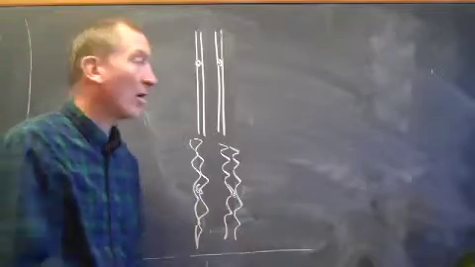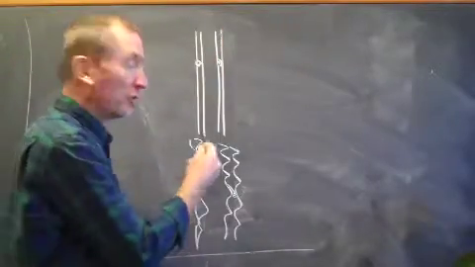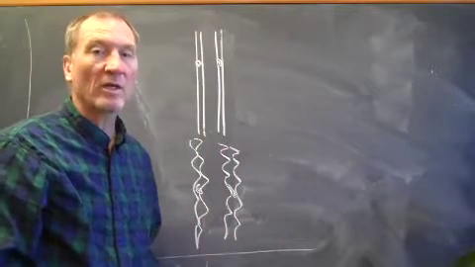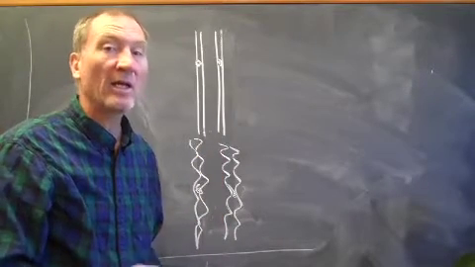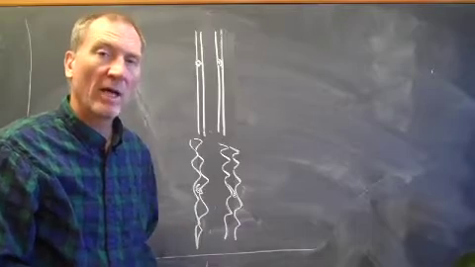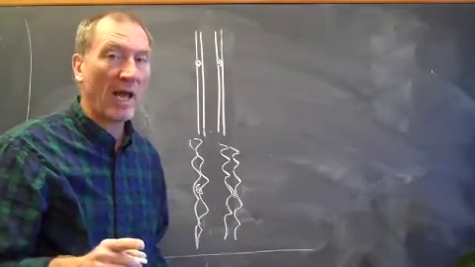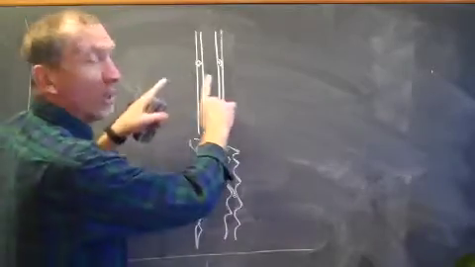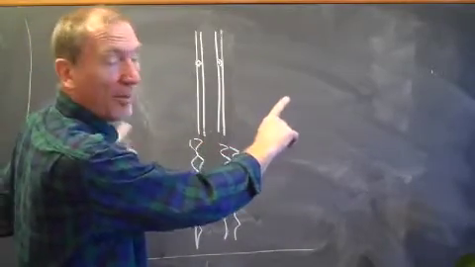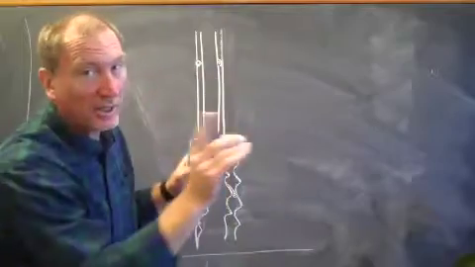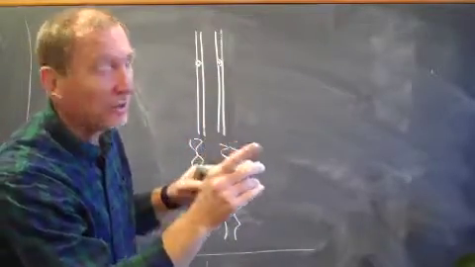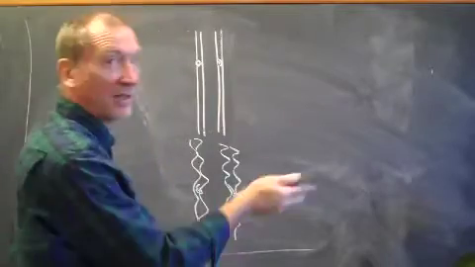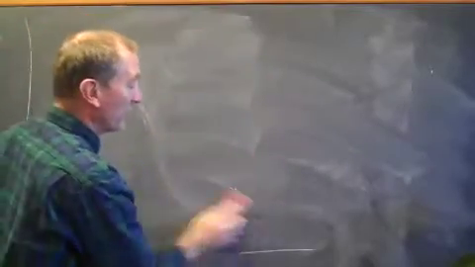So there are our two sets of homologs, the straight homologs and the squiggly homologs, lined up on the metaphase plate in metaphase 1. Now, when this first division happens in anaphase 1, the homologs separate and go to opposite poles. They don't split at the centromere the way they do in mitosis. The homologs simply separate, so it will look something like this in this cartoon version.